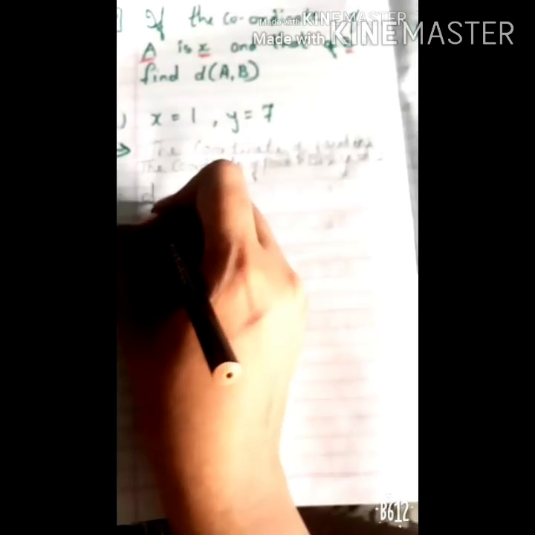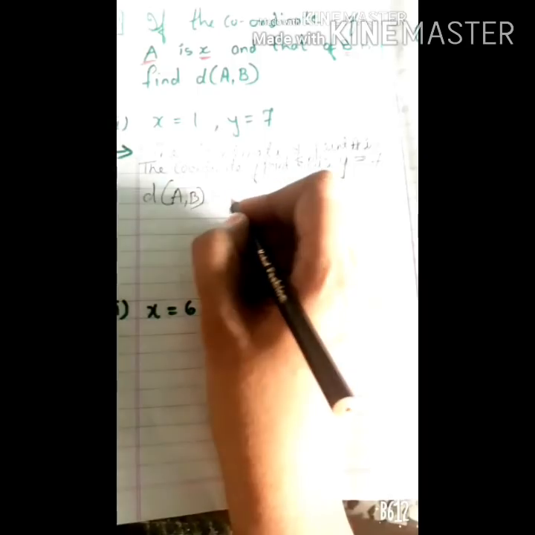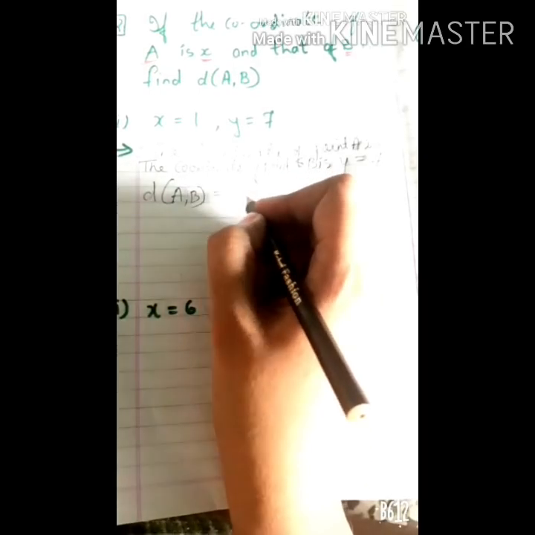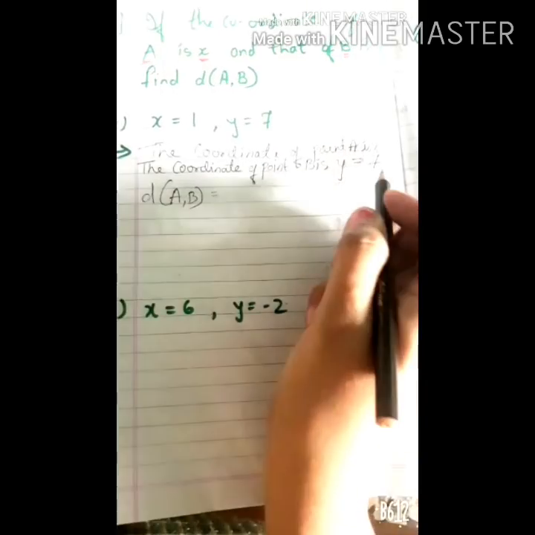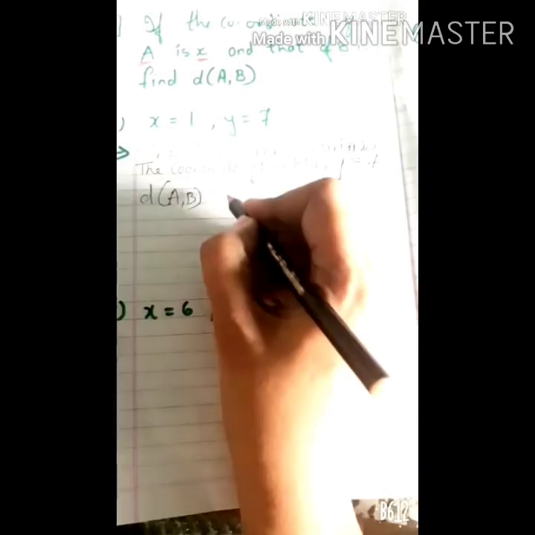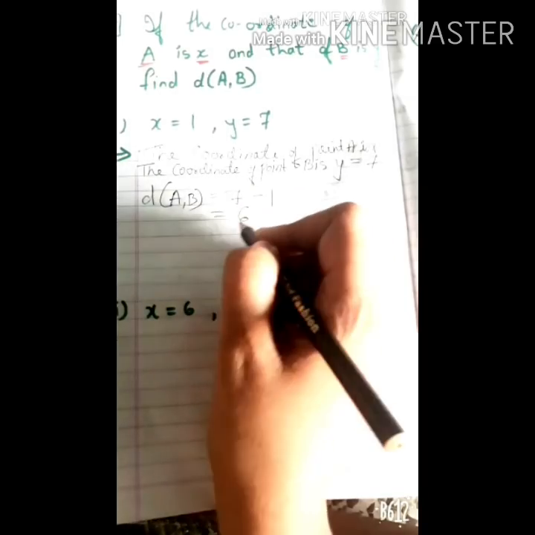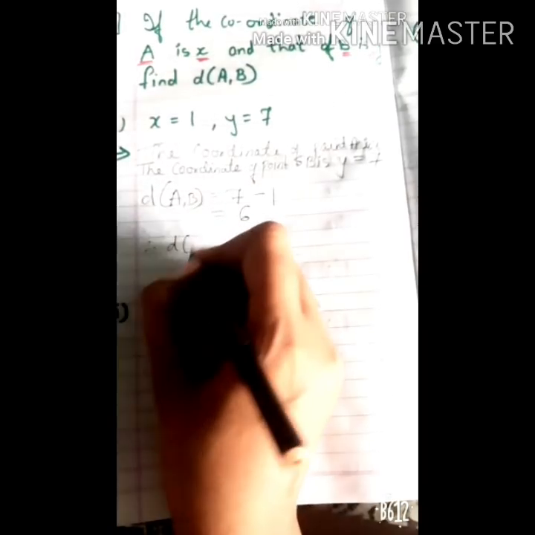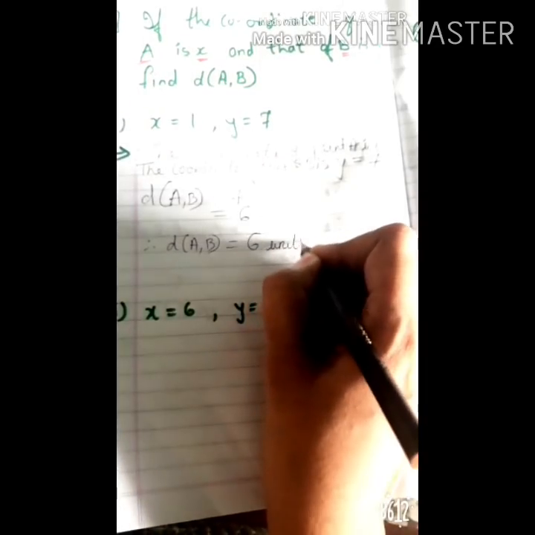Now we have to find the distance between the points A and B. 7 is greater than 1, so 7 minus 1 equals 6. Therefore, the distance between the points A and B is equal to 6 units.